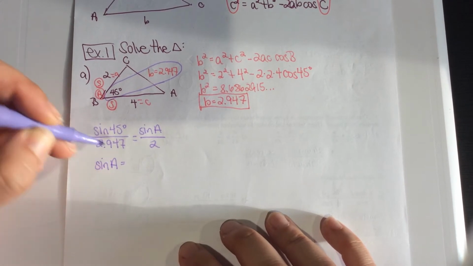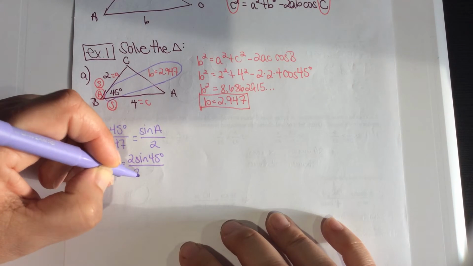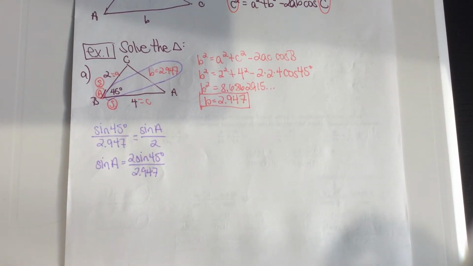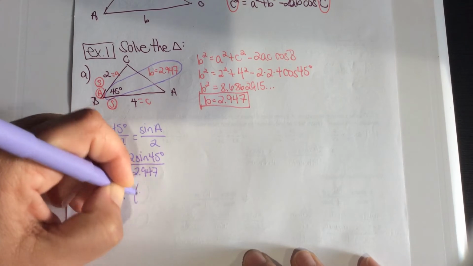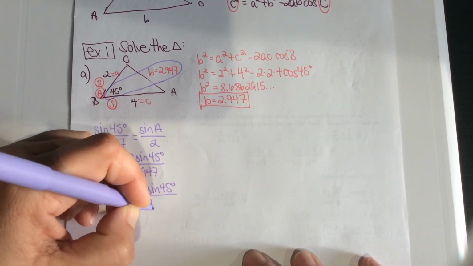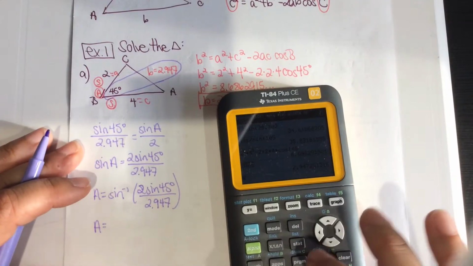I'm going to skip some steps because we have been doing this a lot in the last few days. So cross multiply and then divide to start getting the a by itself. And then we need to do sine inverse of both sides to finish getting a by itself. And then I'm just going to punch that into the calculator.